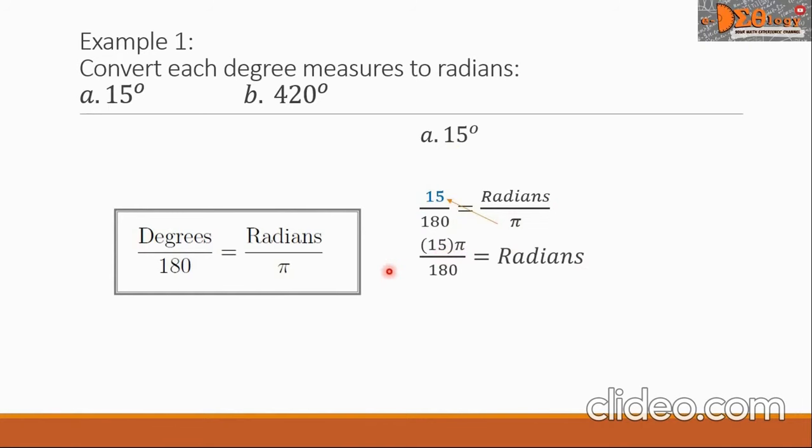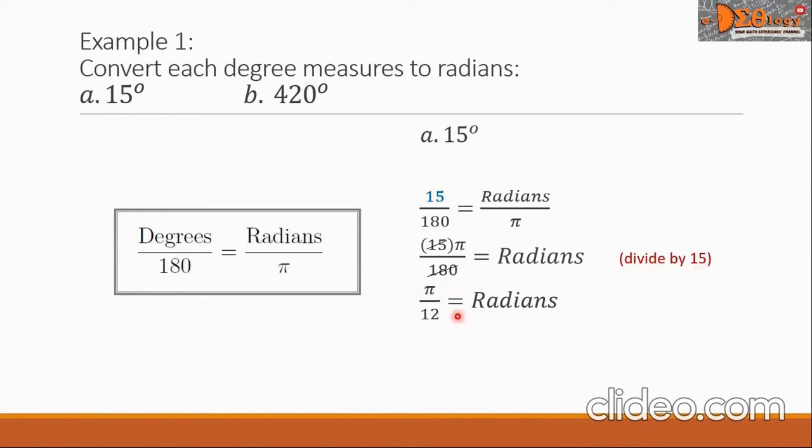Simplifying this further, we're going to divide by 15 the numerator and denominator of the left hand side. So the 15 divided by 15 will be 1. It is not written anymore. And then we just copy the pi down here over the 180 divided by 15 is 12.